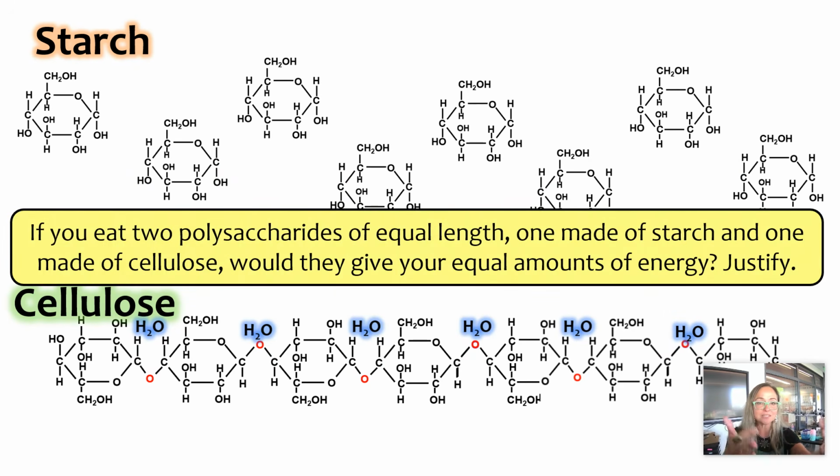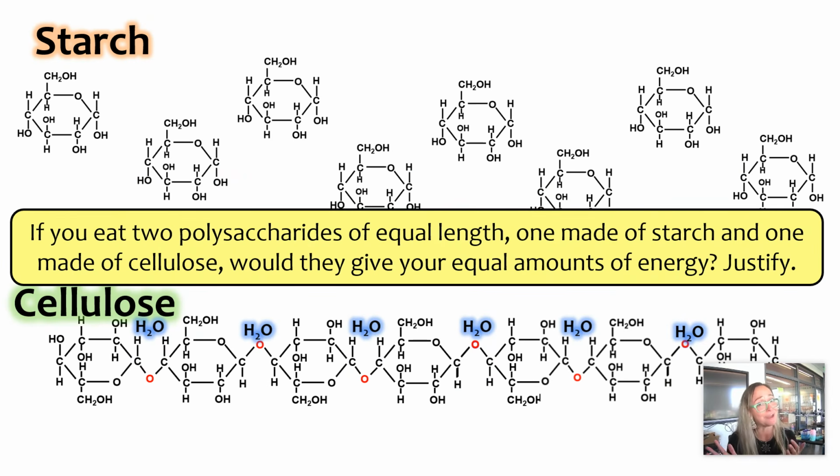If I were to eat starch and cellulose in equal amounts, the starch is going to provide me with more energy because I'm able to hydrolyze it into individual glucose monomers that are usable. Cellulose, on the other hand, I cannot break apart, and therefore it is not a good energy source. I would never eat a big salad before a 5-mile race or a 5K, for example, right? That's not usable energy.